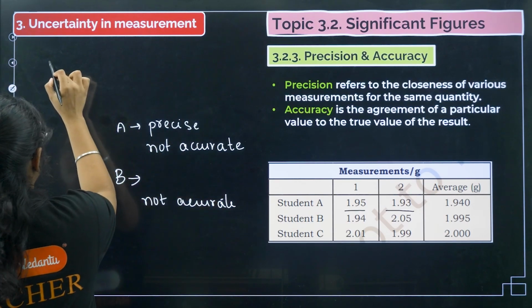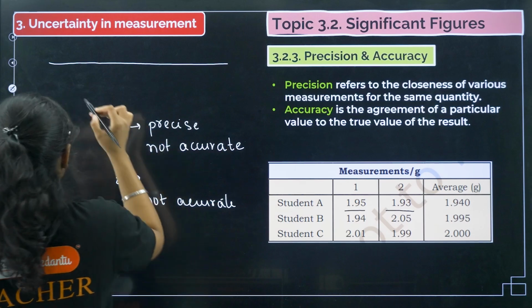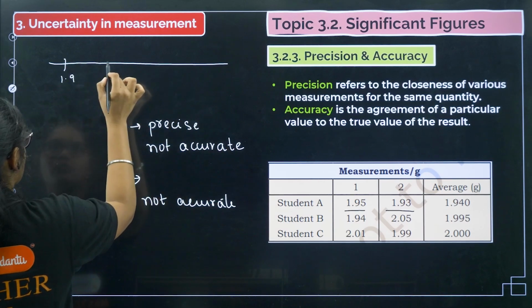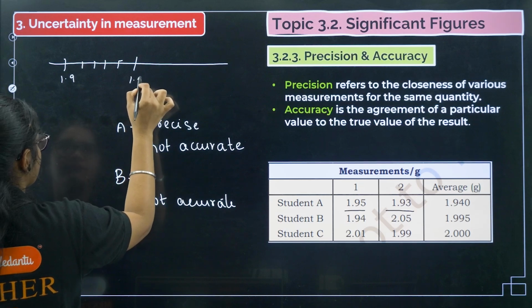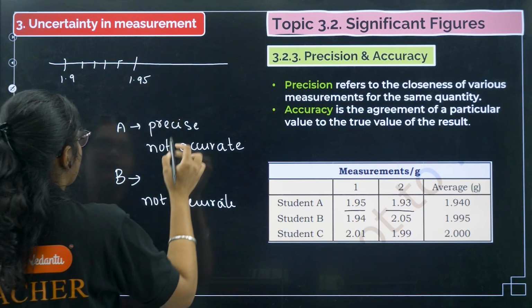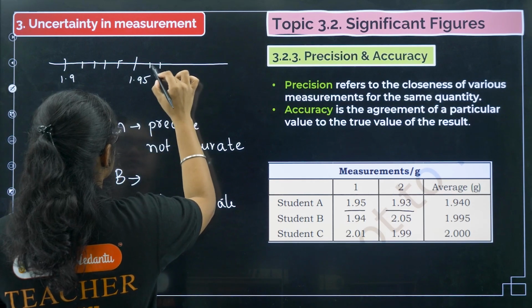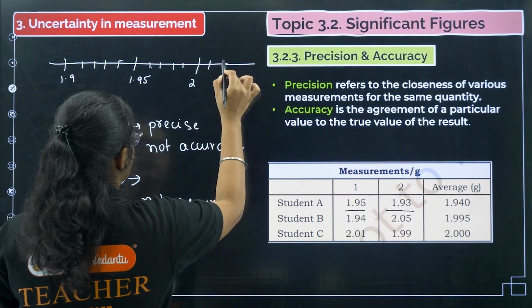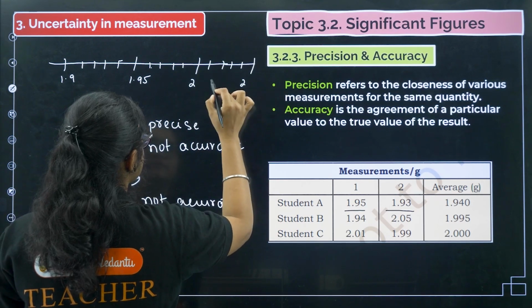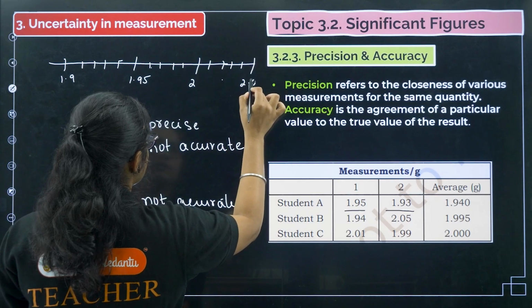Suppose I have 1.9 here, then 1.91, 1.92, 1.93, 1.94, 1.95, and so on up to 1.99, then 2, and then 2.01, 2.02, 2.03, 2.04, 2.05.